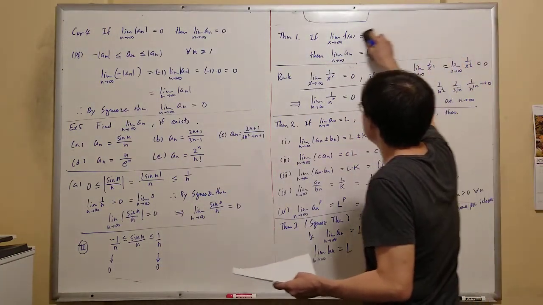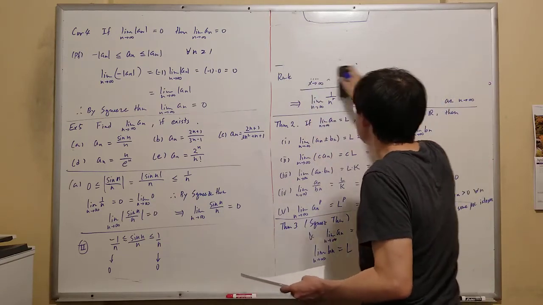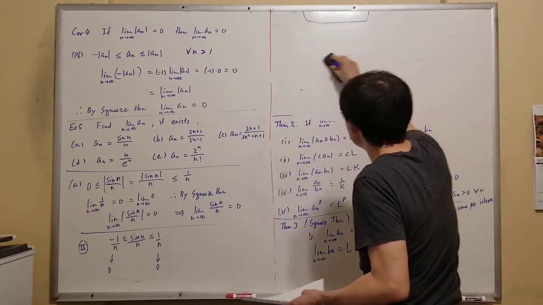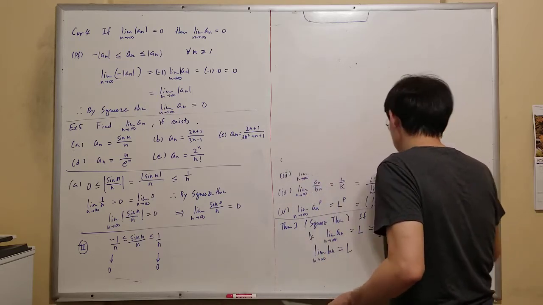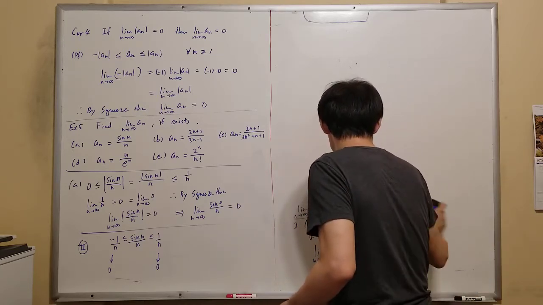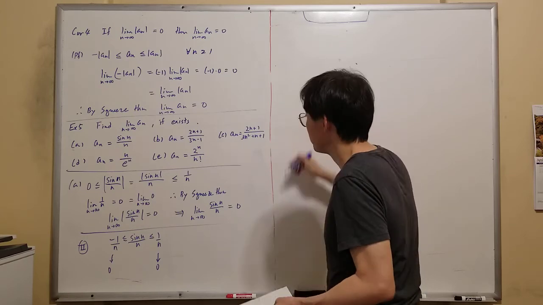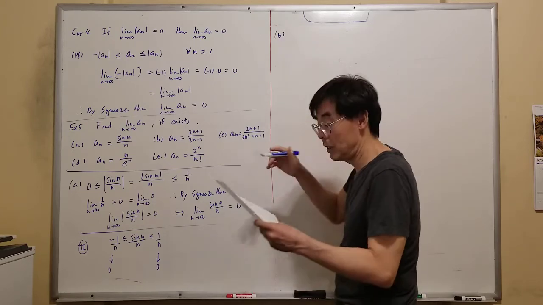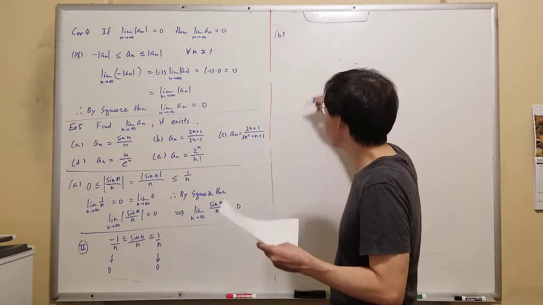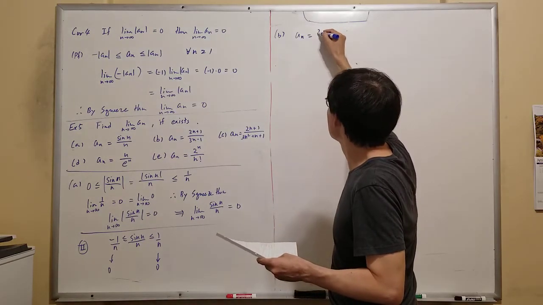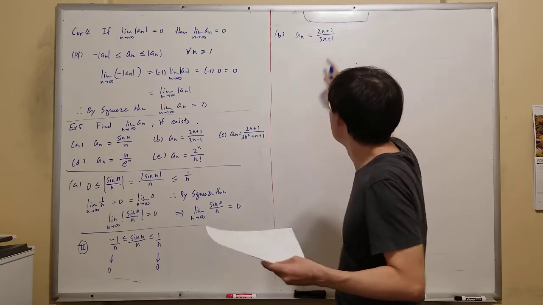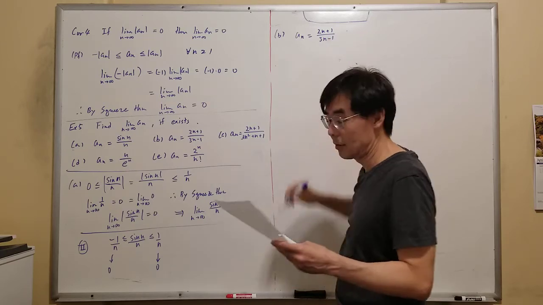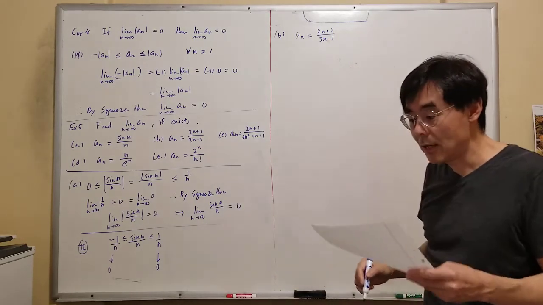What about B? a_n equals 2n plus 1 over 3n minus 1. Okay? The same thing.